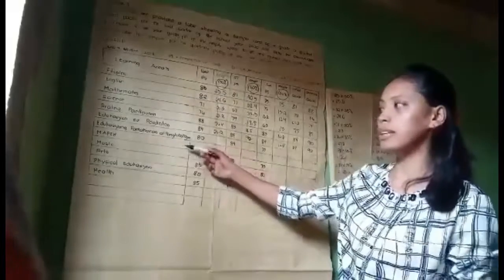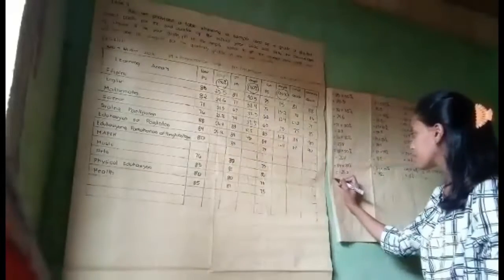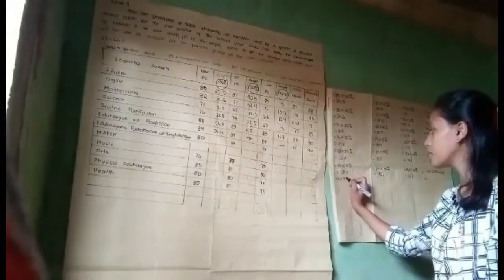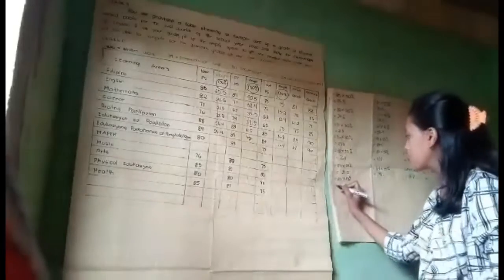Next is Edukasyong Pantahanan at Pangkabuhayan. 80 times 30% is equal to 24.